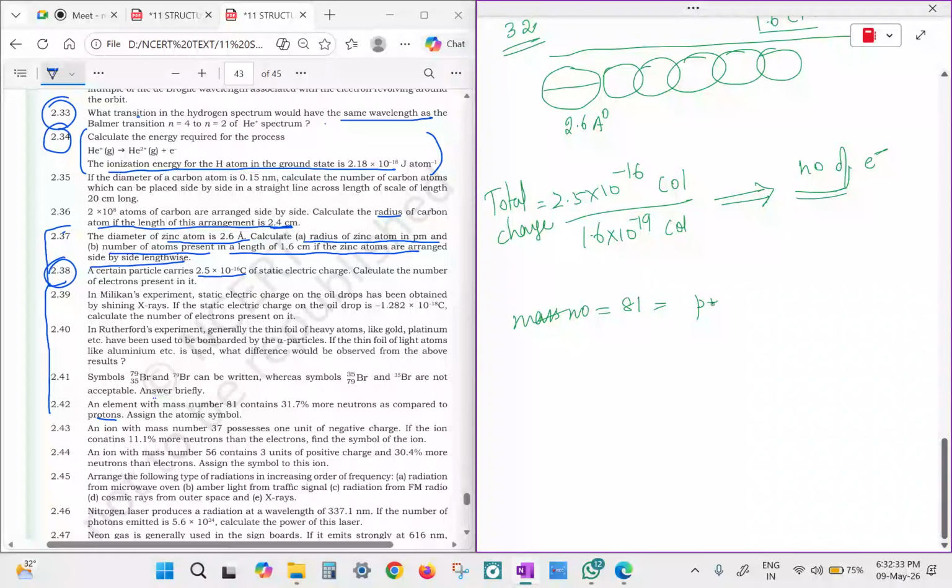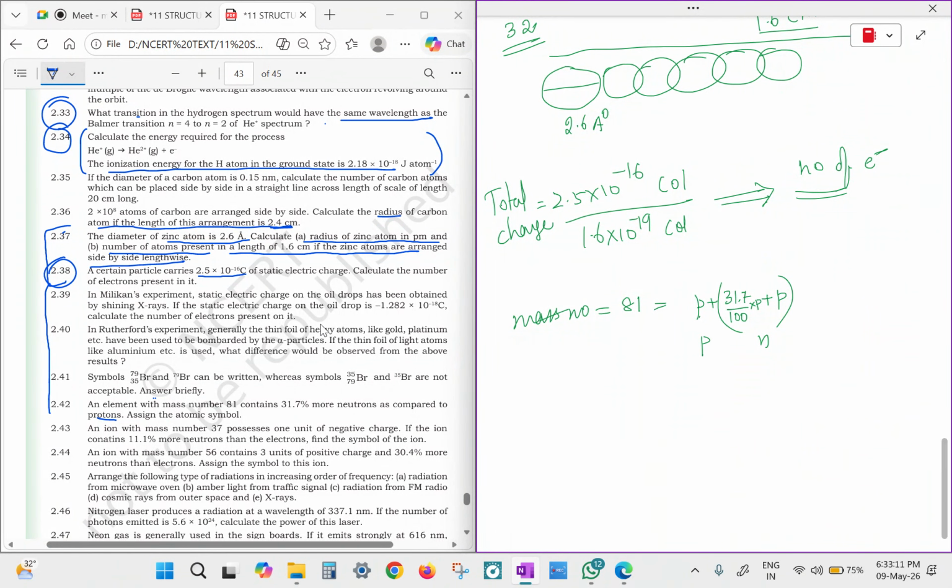That means protons plus neutrons, isn't it? If the protons are P, what are the neutrons then? P plus 31.7 by 100 into P, right? This will be the number of neutrons.